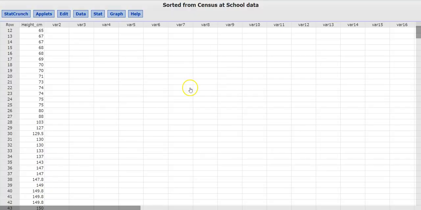So when we look at this sorted data, what do we do with these in here? These are too short to be realistic, but if we add 100 to them, they're too tall to be realistic. So I'm not sure what they did in this group right here. Some of these in this little area right here. So we'll have to make a decision what we want to do about those.